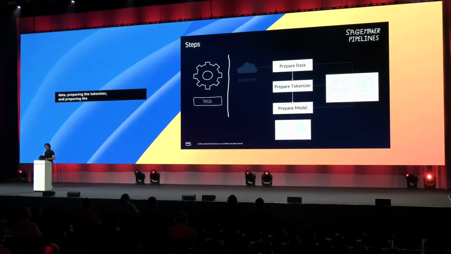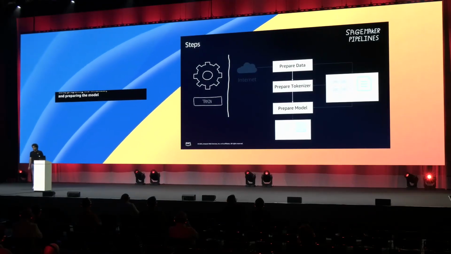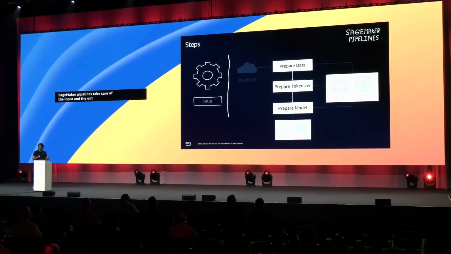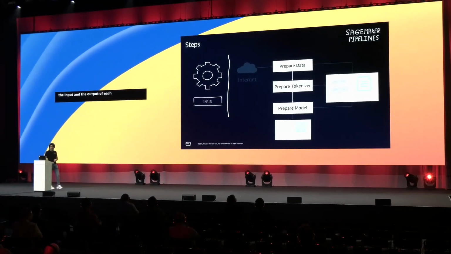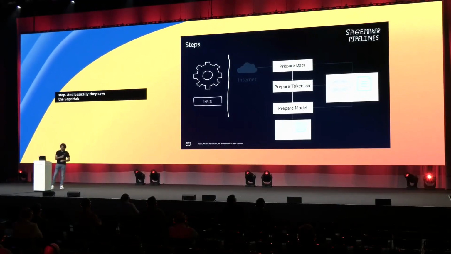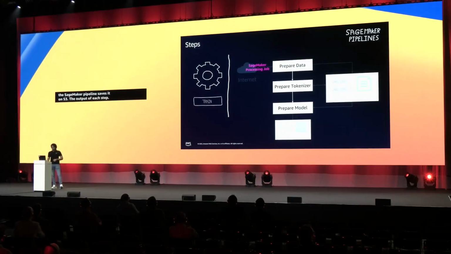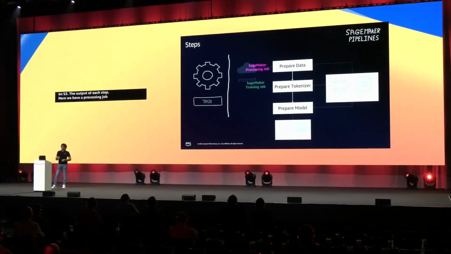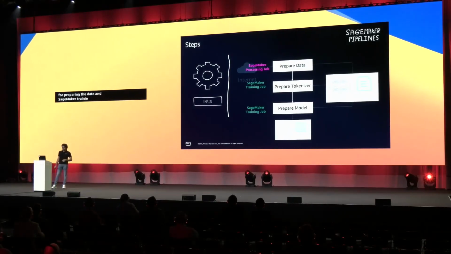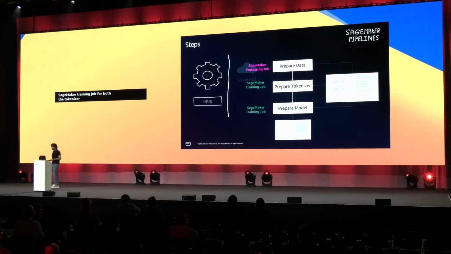SageMaker pipelines take care of the input and the output of each step. And basically, SageMaker pipeline saves the output of each step on S3. We have a processing job for preparing the data and a SageMaker training job for both the tokenizer and the model. And with a click of a button, we are able to rerun the whole pipeline.